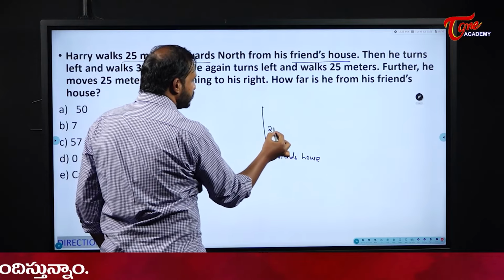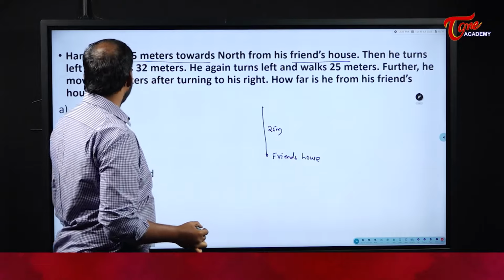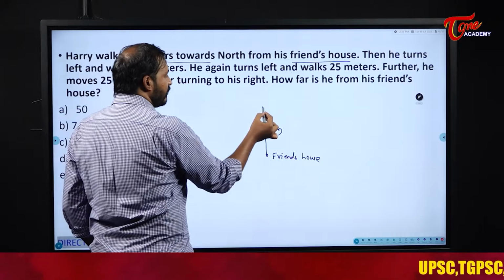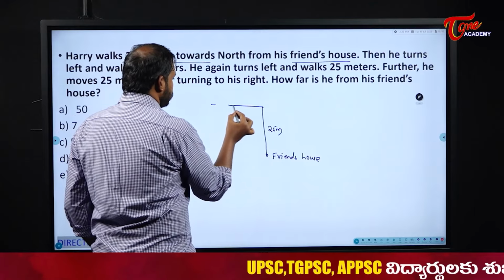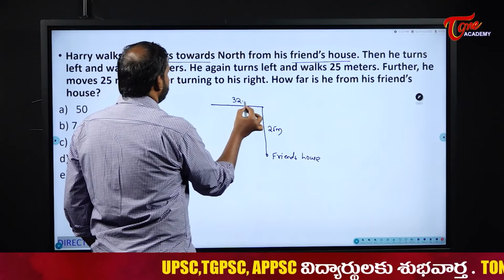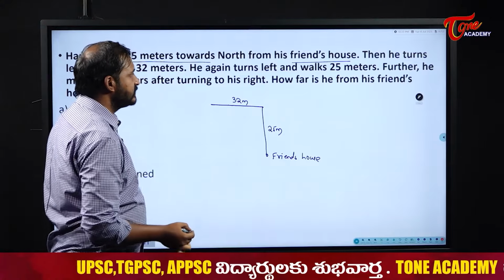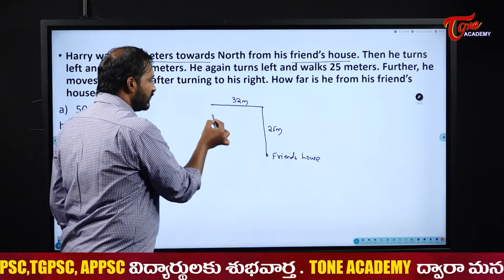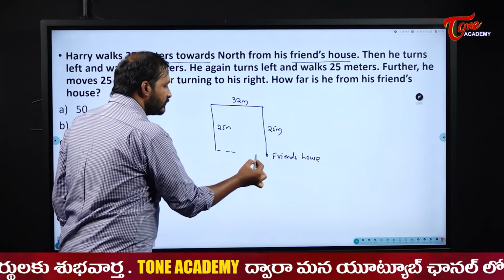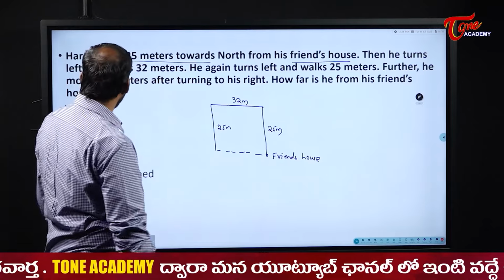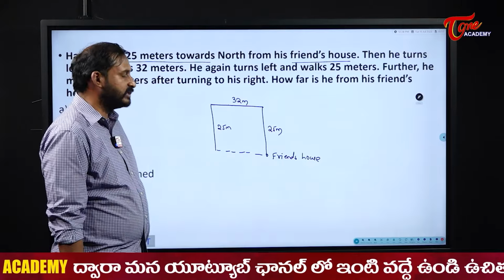Then he turns left. The person who is moving upward, left means this one. And walks 32 meters. He again turns left and walks 25 meters. Again turning left and walking 25 meters means he will come parallel to this starting point, right? Further he moves 25 meters after turning to his right.